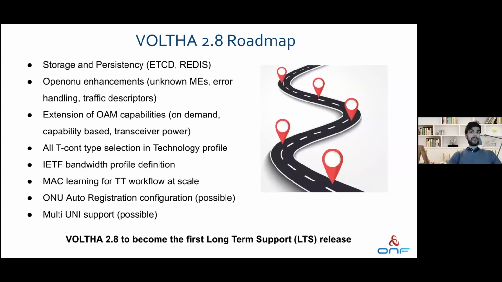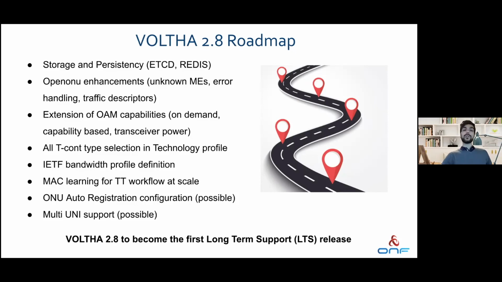We want to finalize the extension of the OAM capabilities to have on-demand retrieval of the capabilities, and maybe even requests based on the capabilities of the ONU, and also transceiver power and some other information that we want to gather. We want to support all the TCONT type selection in the technology profile with both the MEF and ITU bandwidth profile definitions. We have an MEF definition right now, and we want to support the ITU bandwidth profile definition.